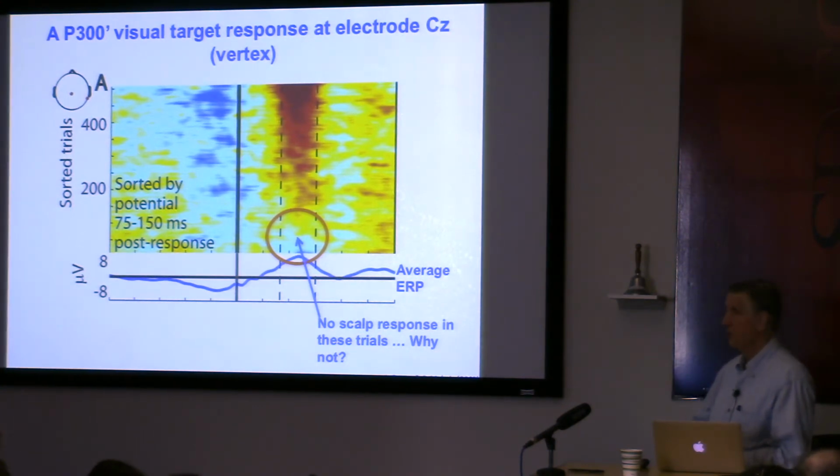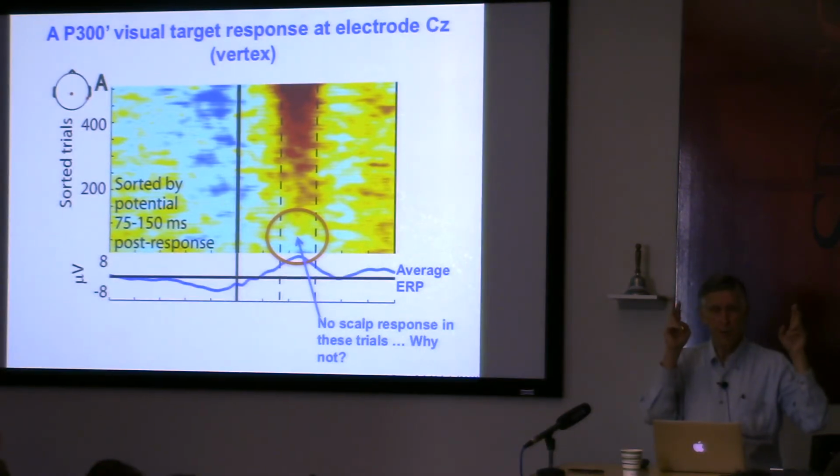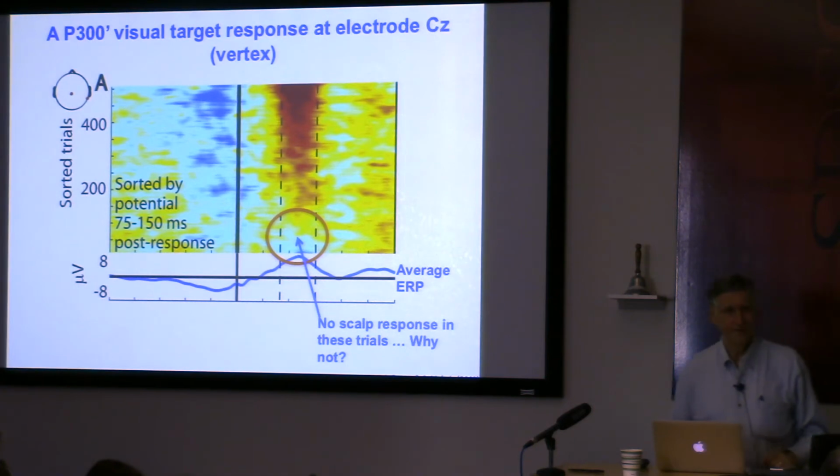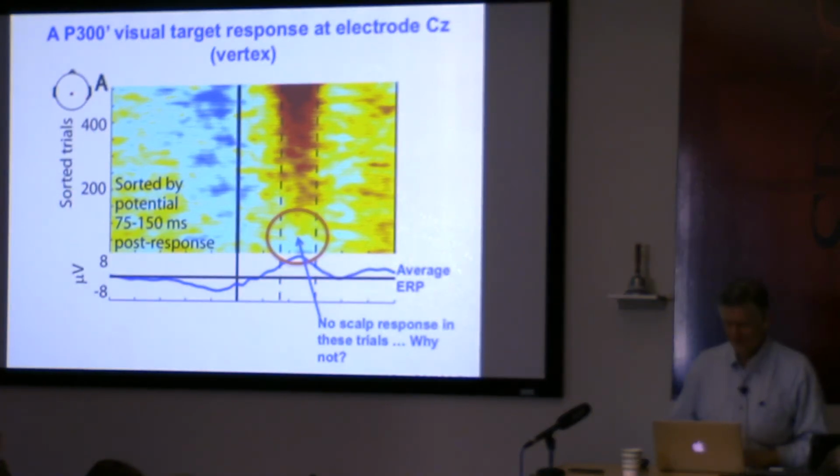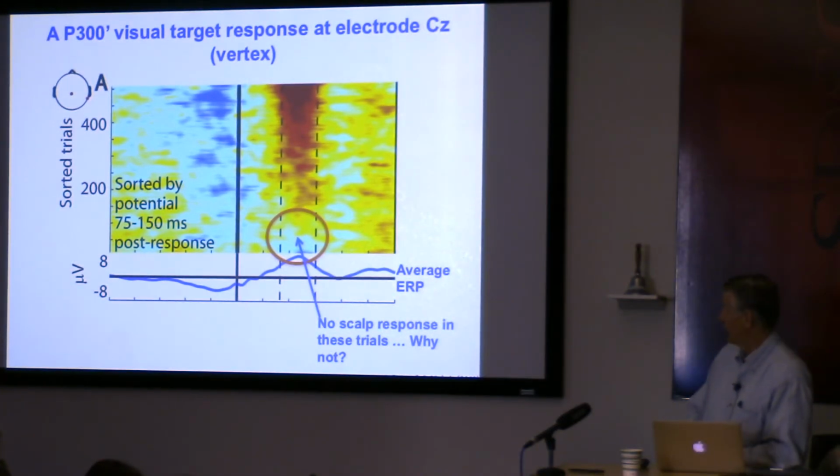So if your interpretation is that the P300, quote unquote, is something that occurs every time you see a target, it's not true. Although it's associated with the target most of the time, that is true.